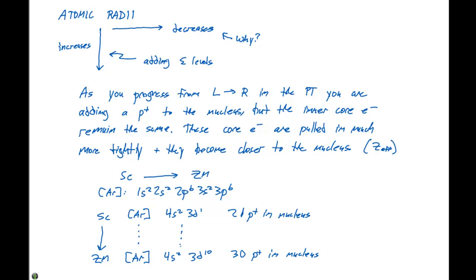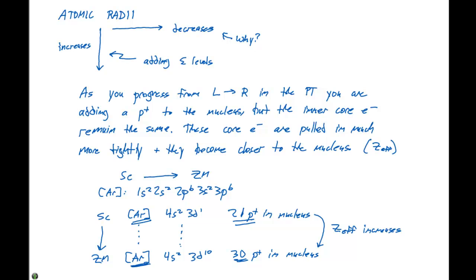So these 30 protons are acting on the same number of inner core electrons of our argon core, versus the 21 protons that are acting on the argon noble gas core. So as we progress from 21 protons to 30 protons, the effective nuclear charge increases.